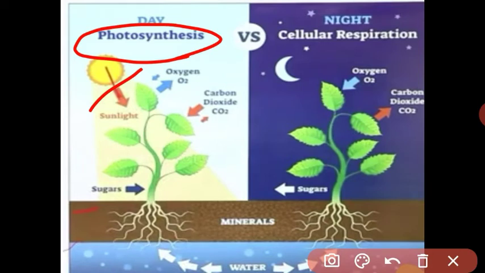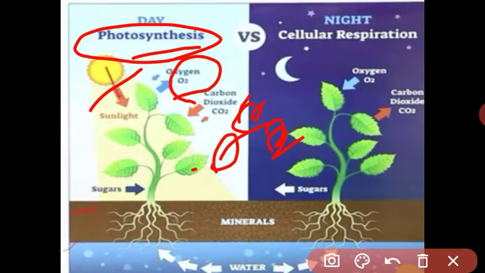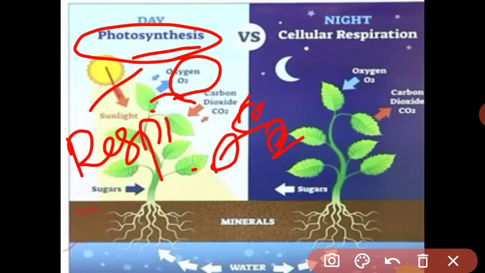During the daytime the stomata are open, so the plant takes carbon dioxide from the atmosphere, makes food by photosynthesis and releases oxygen. A small amount of oxygen is used by the plant for respiration, and the remaining oxygen is released into the atmosphere. Why? Because the stomata are open.